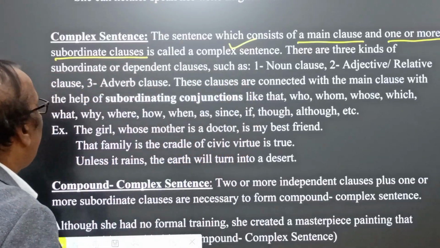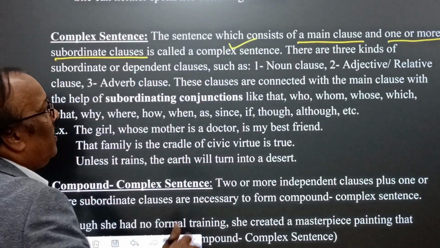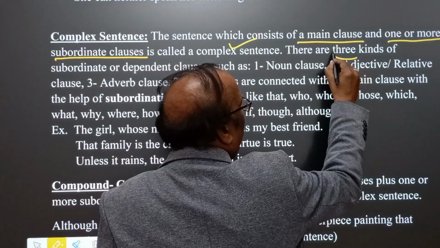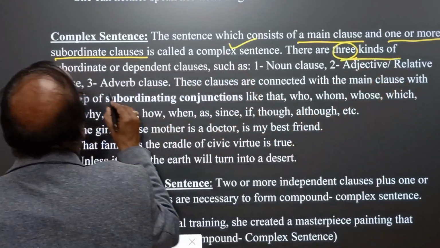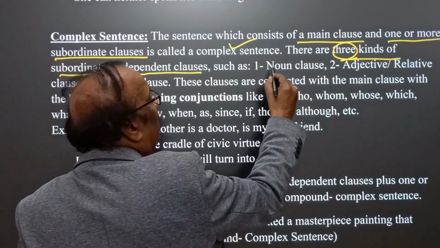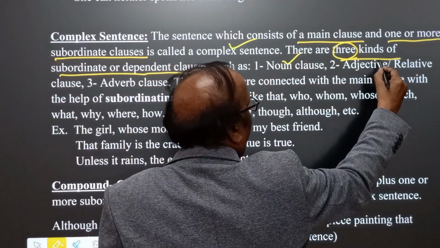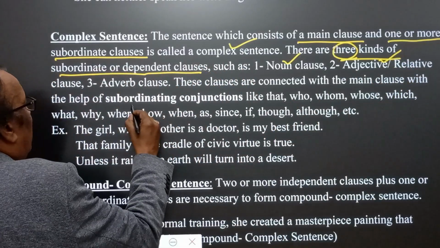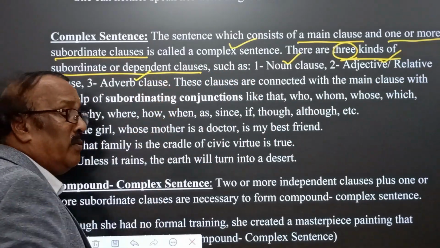Now come here, we find some present. There are three kinds of subordinate clauses: noun clause, adjective clause or relative clause, and the third one is the adverb clause.